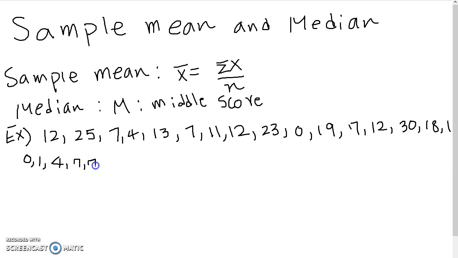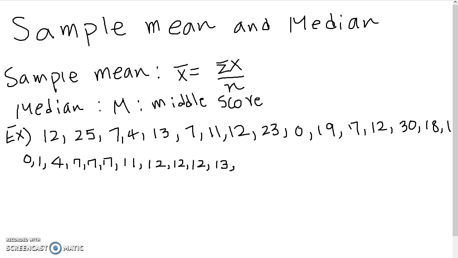1, 2, and 3. Then we have 11. Then we got 3 twelves here, 1, 2, 3. Then I have 1 thirteen there.